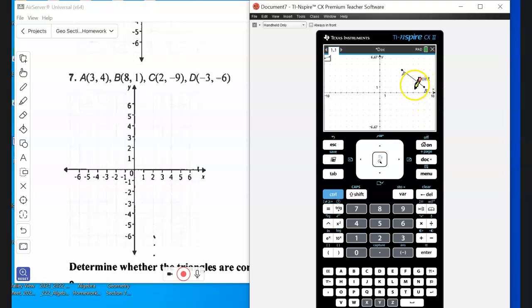Then 2, negative 9. And then negative 3, negative 6.